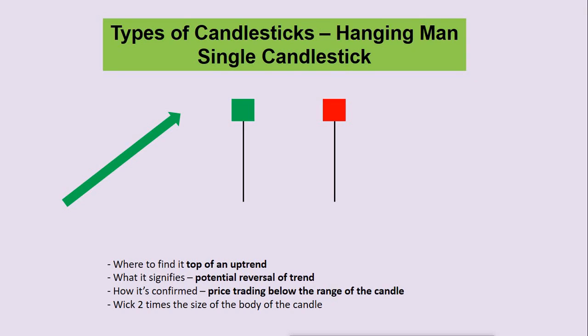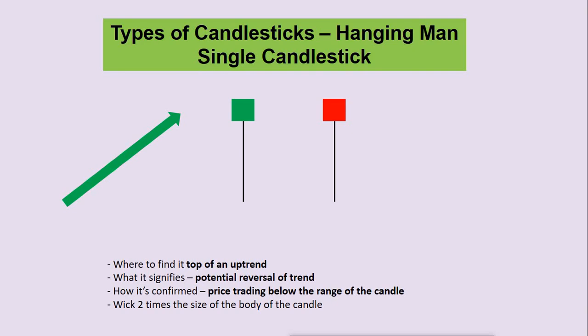Now, for those who do what we call short selling, that is, you are borrowing shares to sell at a higher price, then you buy back and give them back at a lower price. When you see a hanging man, you can be on the lookout now for an opportunity to enter a short position.